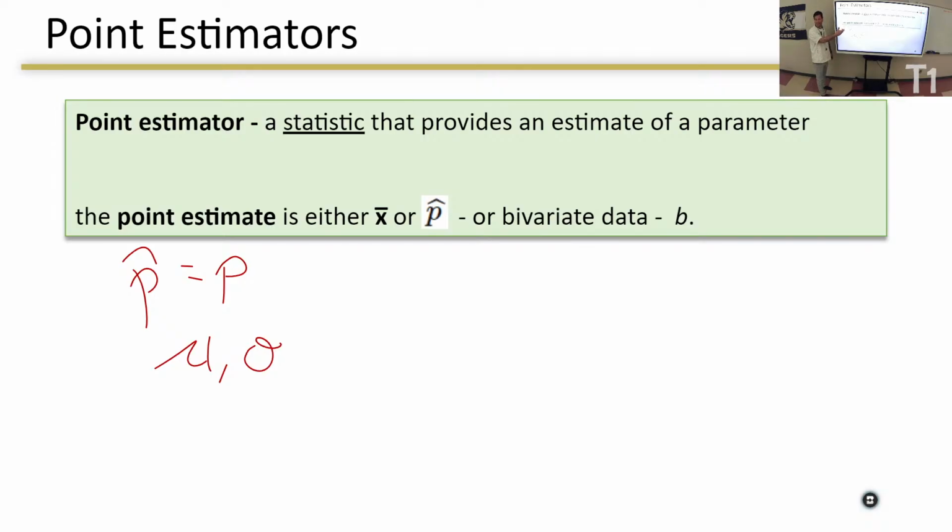With proportions, I don't have to have the standard deviation because the formula for the standard deviation uses p, if you can remember. So categorical data is a little bit easier to talk about than numerical data, and that's why we do categorical data first. So it will either be x bar or p hat tonight, and then after that it's going to be p hats, and then it won't be bivariate data until chapter 12.